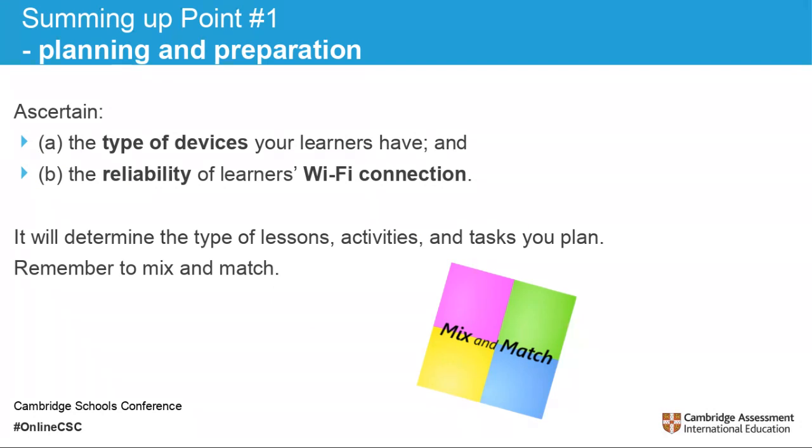So to sum up point 1 in terms of planning and preparing our lesson, two things: number 1, the type of devices our learners have, and number 2, the reliability of the Wi-Fi connection that they have, all right? Once we know this, or once we are more certain of this, then we can take control of the lessons that we prepare, but do know that you need to mix and match sometimes, okay?